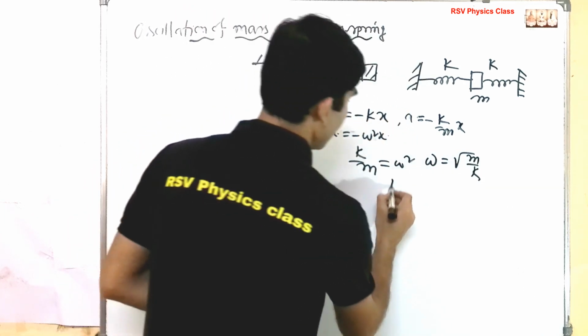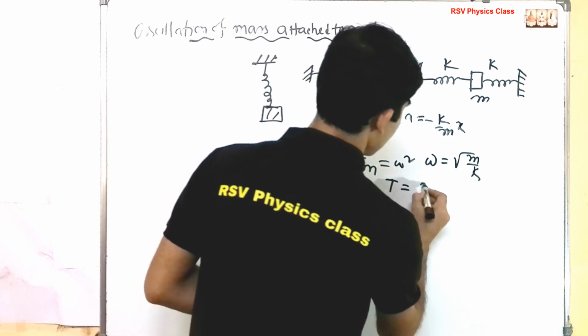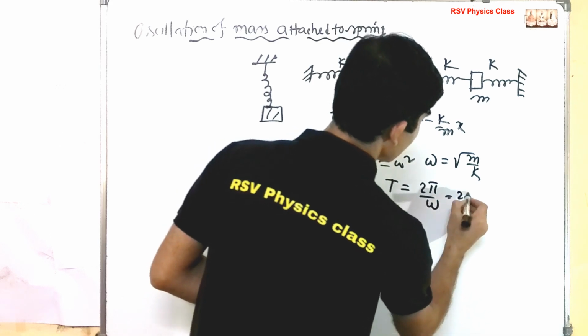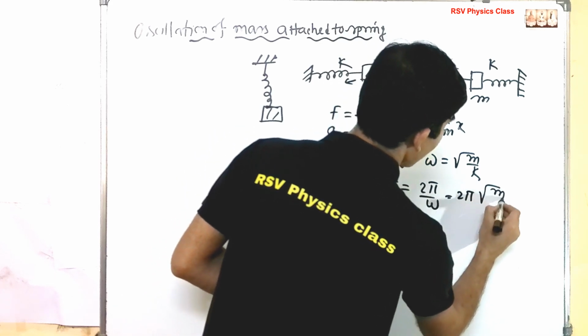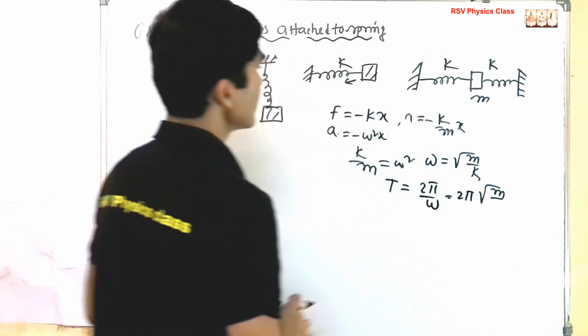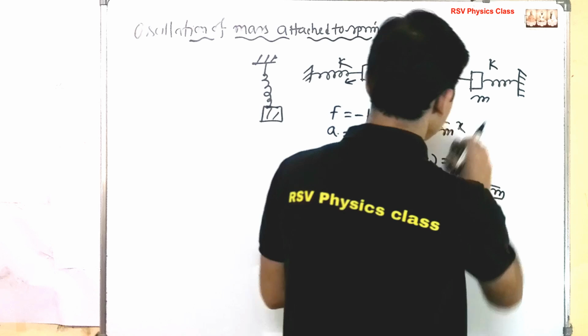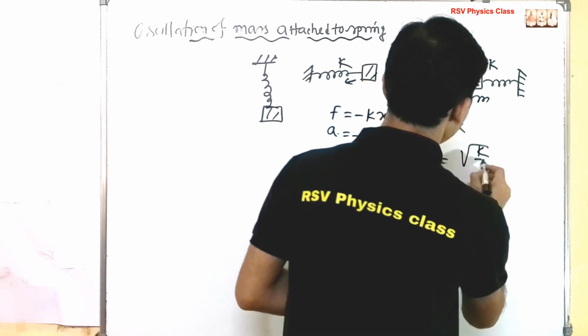So time period of this oscillation will be 2 pi by omega. So omega equals root over of k by m. Sorry, this is root over of k by m.